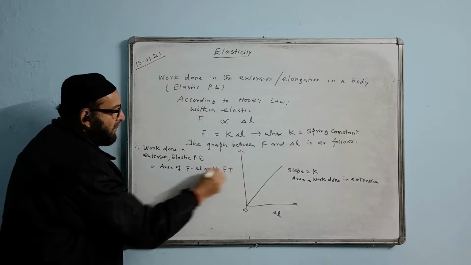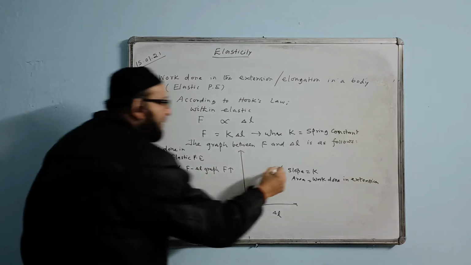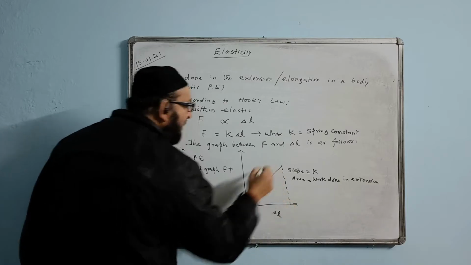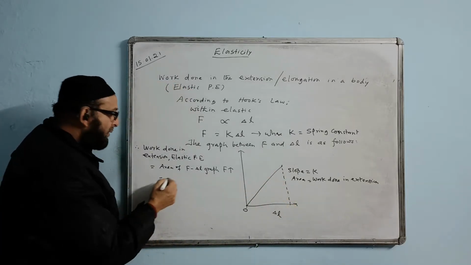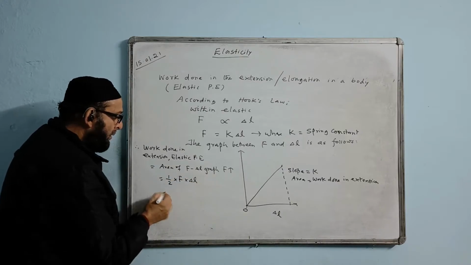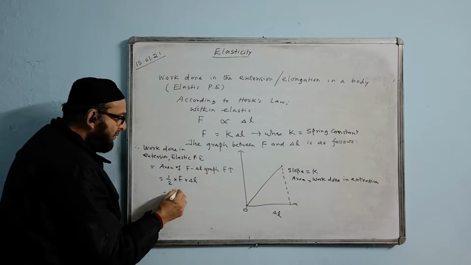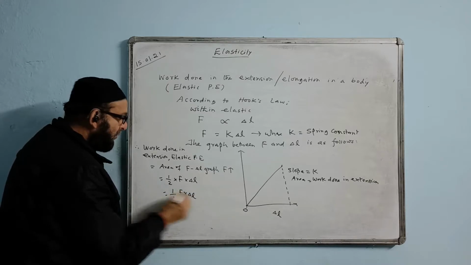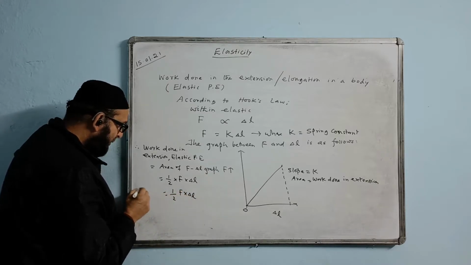We draw a dotted line here and see what type of figure is formed. It is a triangle. We find the area of the triangle: half into F into delta L. So this is the formula of elastic potential energy.